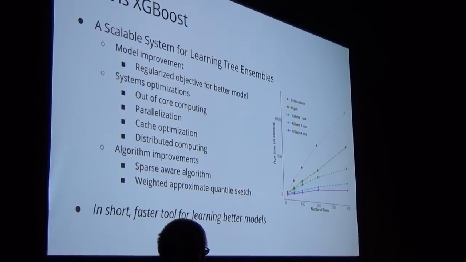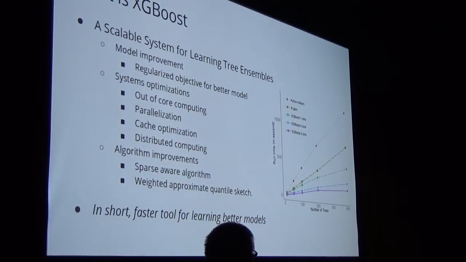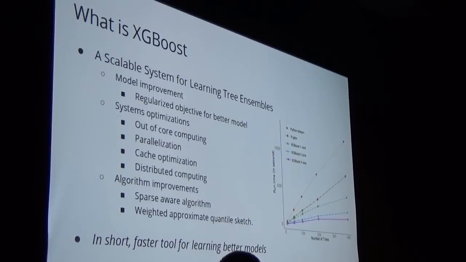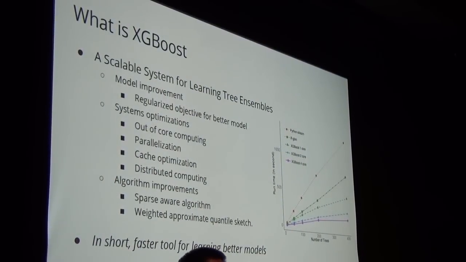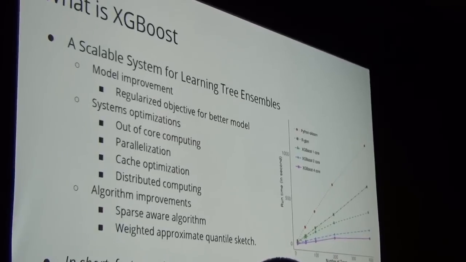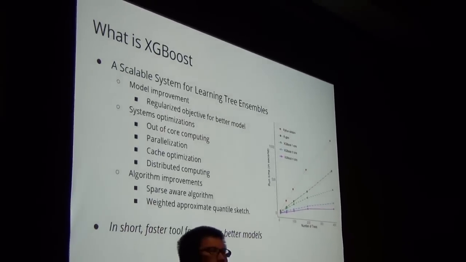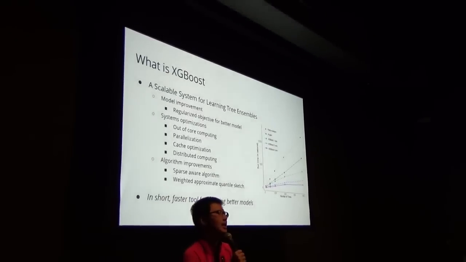This is scikit-learn, and this is with one thread. Currently scikit-learn provides a single thread version. So in a single thread version, XGBoost will run 4 times faster than scikit-learn's implementation. And you can utilize multiple cores, which means you can easily get more than 10 times faster than scikit-learn's implementation.